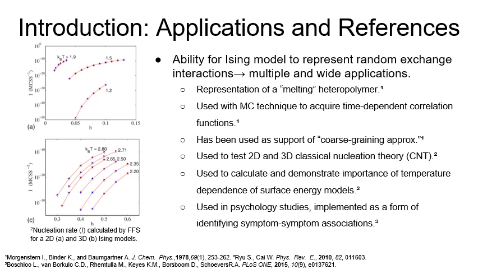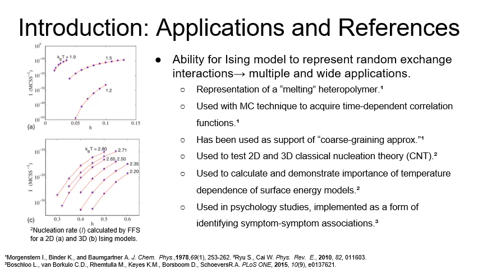It is also used in combination with atomistic resolution models to demonstrate through simulations the coarse graining approximation theory. Some of its most common applications have been to test 2D and 3D classical nucleation theory, which further goes into demonstrating the importance of temperature dependence in surface energy calculations.